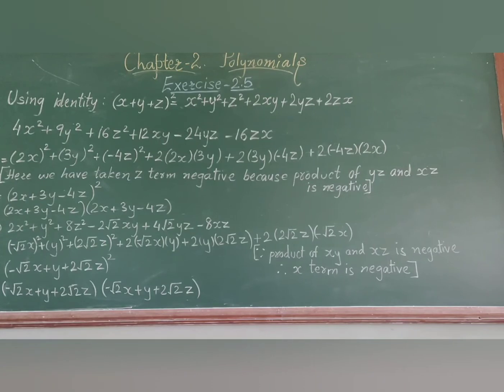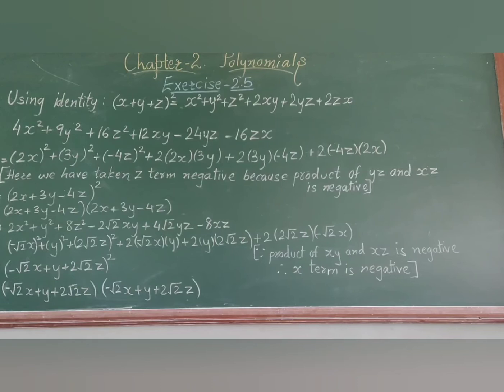Now you can see the fifth and sixth terms are negative: minus 24yz and minus 16zx. Here only z is repeated, common to both. So z is negative, then only we get the product as negative. So we take the z term as negative here.